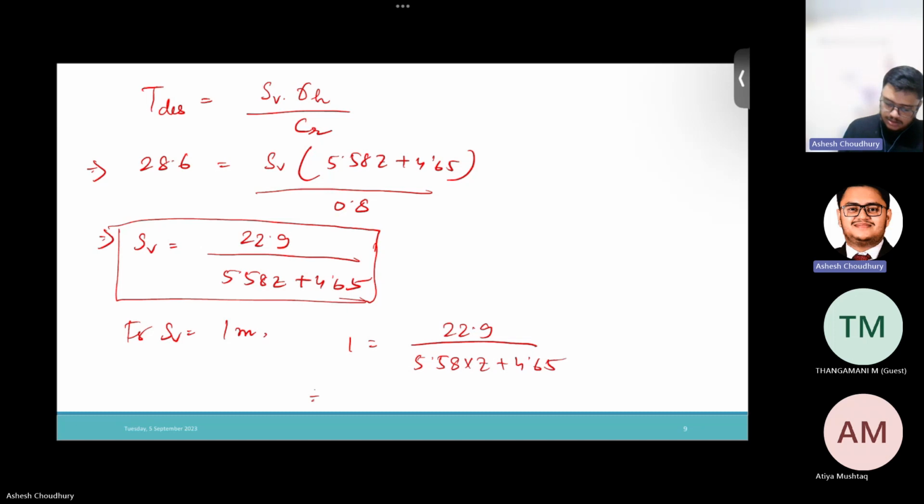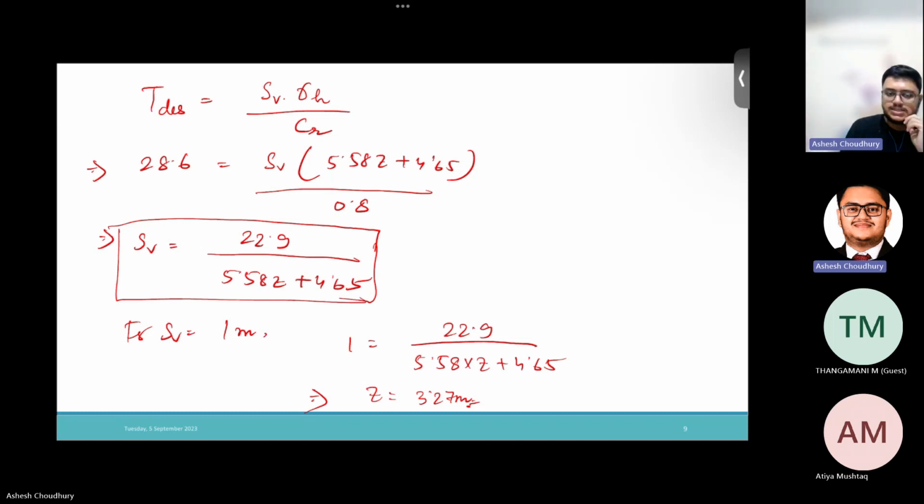If we solve this, Z is equal to 3.27 meters.